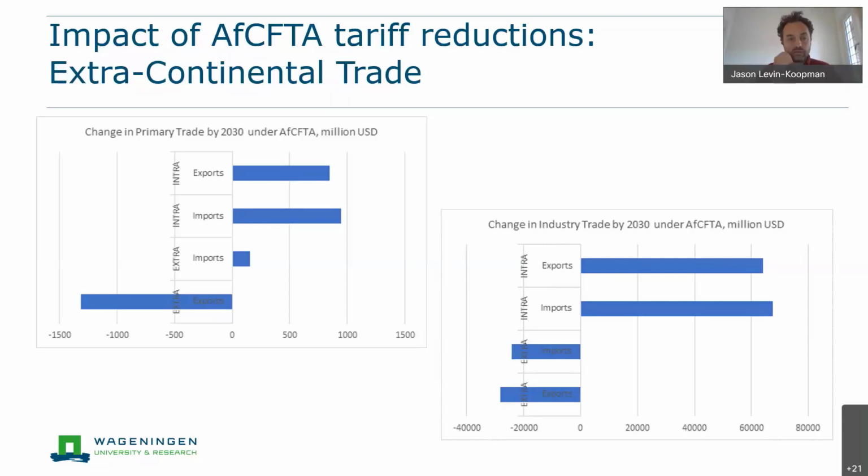So the exports outside decrease. There's still a slight increase in imports from outside of Africa, again due to increased demand. And then there's an increase in trade within Africa, and this is similar for industry, where imports also decrease externally. So it's an even higher shift to within.